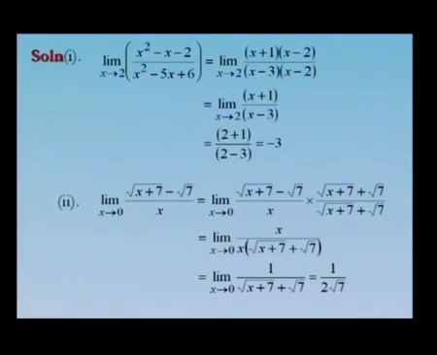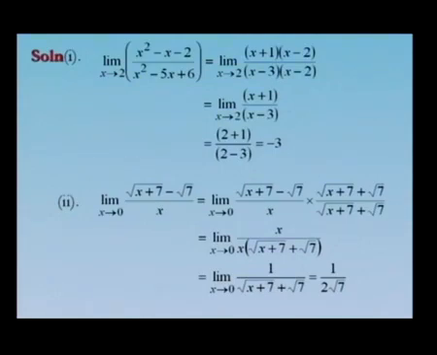Here limit x tends to 2, (x square minus x minus 2) upon (x square minus 5x plus 6). We can see that x square minus x minus 2 has the factors x plus 1 and x minus 2, and the denominator x square minus 5x plus 6 has the factors x minus 3 and x minus 2. So this limit can be written as limit x tends to 2, (x plus 1)(x minus 2) upon (x minus 3)(x minus 2).